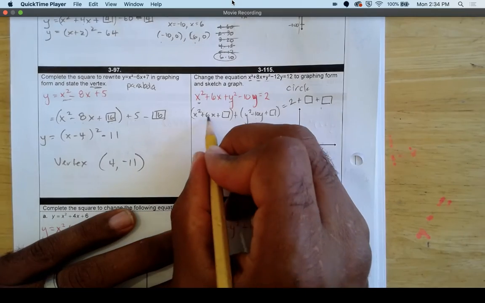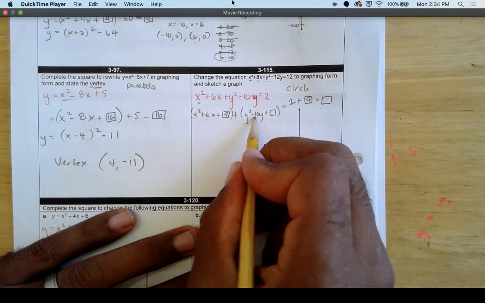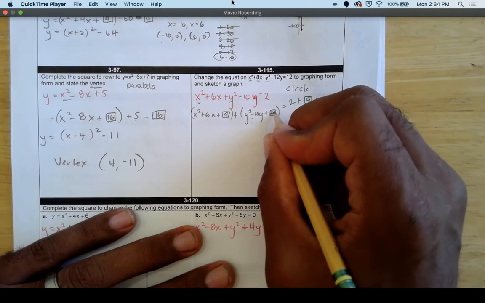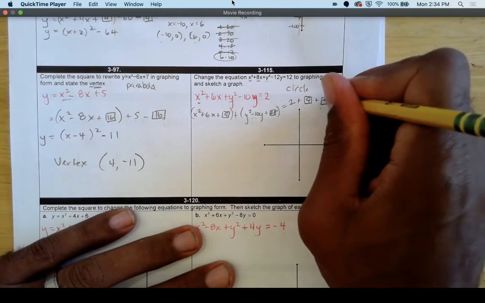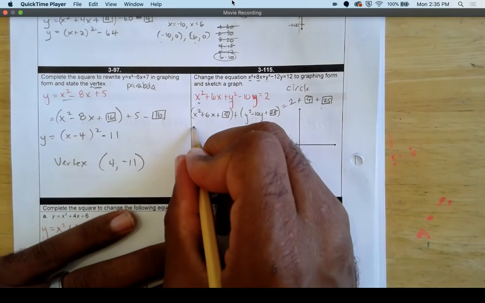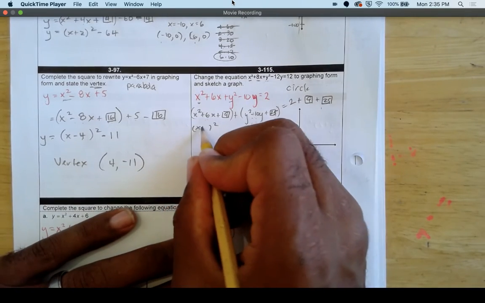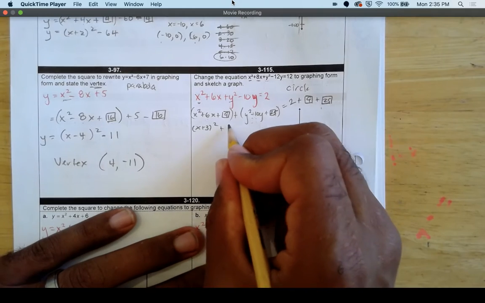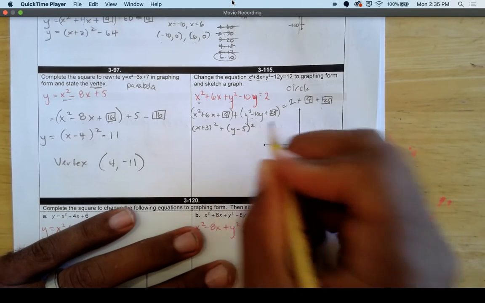All right, so complete the square with 6. I get 9, 9 on both sides. Complete the square with negative 10. I get 25. Sorry, guys, it's hard to see there. That's a 25. And then add 25 here. Okay, so let's do the quick factor of this. Half of the 6, positive 3. And then half of the negative 10, minus 5.